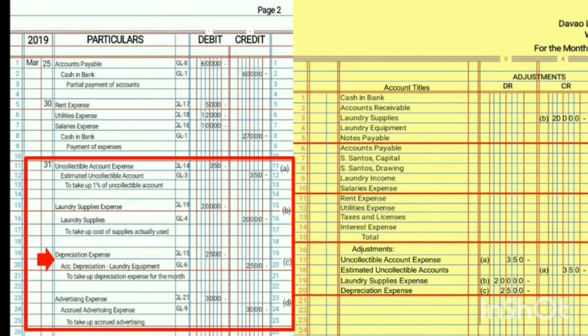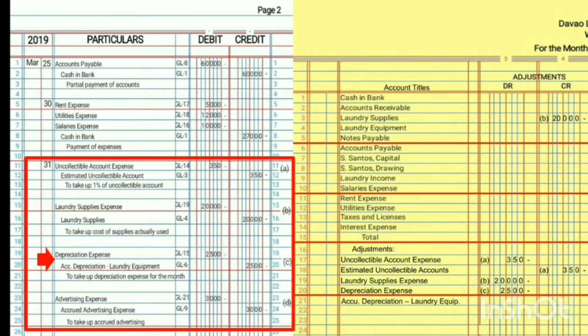And then the credit entry is accumulated depreciation, laundry equipment, 2,500 pesos. So, check natin ngayon sa mga account titles here in the worksheet kung meron na bang accumulated depreciation, laundry equipment. And then, wala. So, that would mean kailangan nating mag-add ng new account title, and that would be accumulated depreciation, laundry equipment.